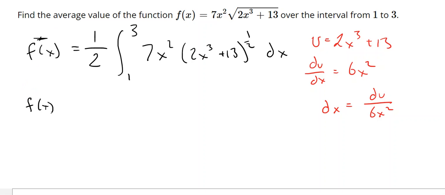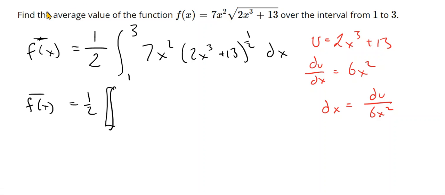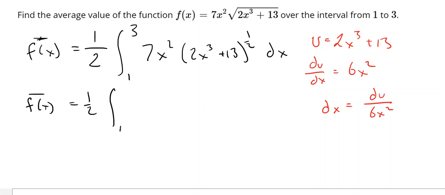F bar of x, the average value, is 1/2. And then integrating this, well, I haven't set up the integration yet. From 1 to 3 of 7x squared, we have u to the 1/2, and then du over 6x squared.